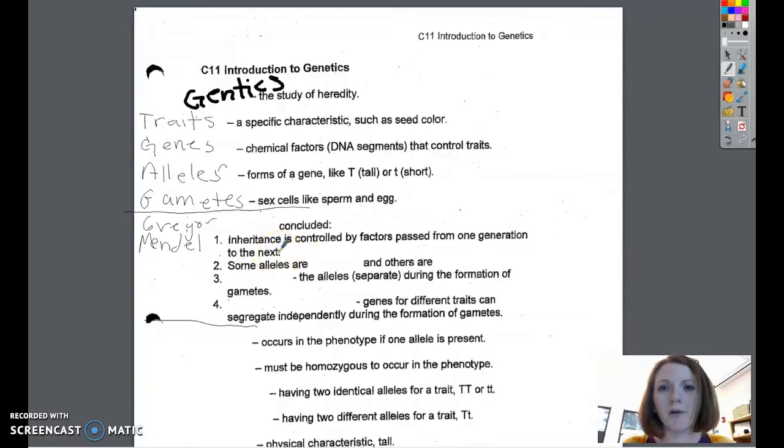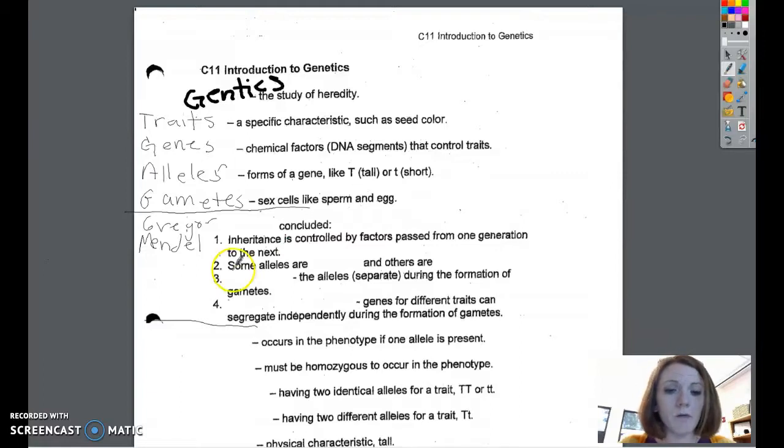For us, that's a really moot point. We know that inheritance is passed down from generation to generation. But when Gregor Mendel was doing his studies, that wasn't common knowledge.